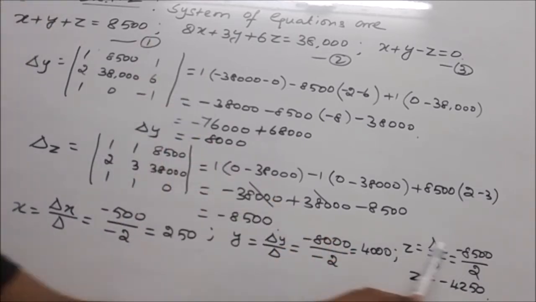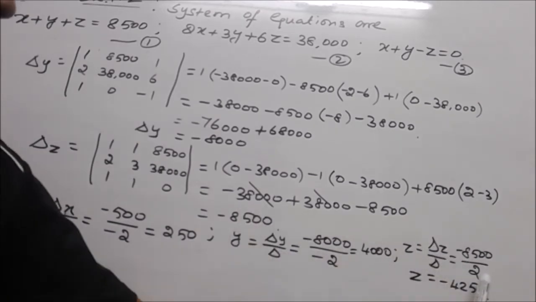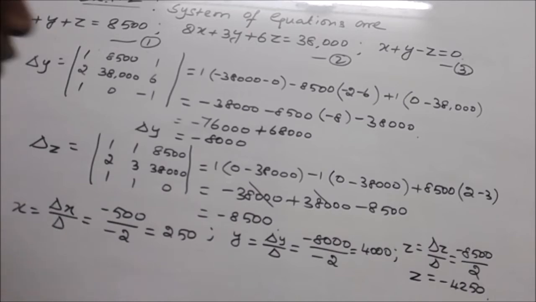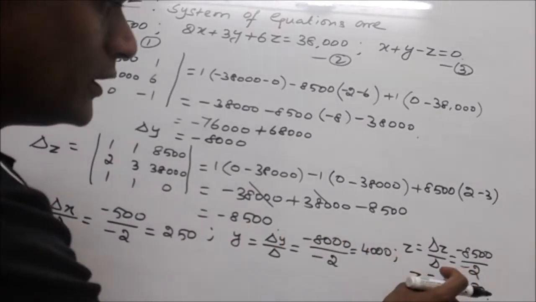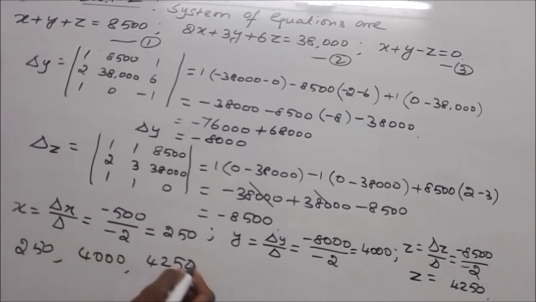And for z, delta z by delta, delta z is minus 8,500 and delta is minus 2. When divided, it implies 4,250 as z. Therefore, the amounts invested in each account are 250, 4,000, 4,250. That's all.